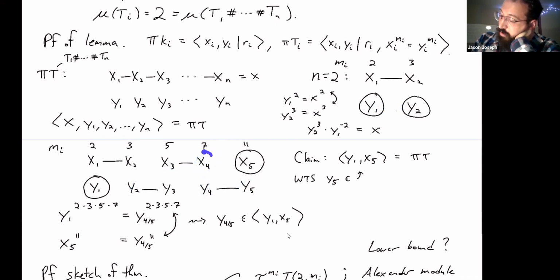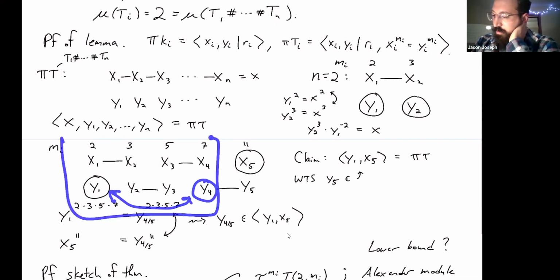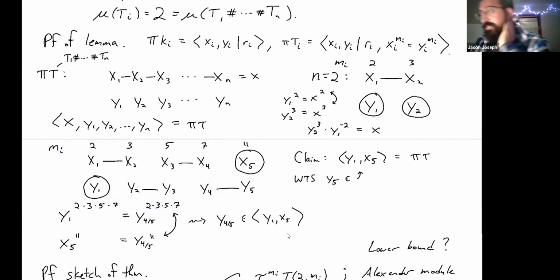But in an argument by induction, it's kind of annoying, because I didn't really reduce the case, I reduced it to the other case of having a y and a y. These would be the two generators if I just had the first 4 factors. So anyway, I think it's more fun than coming up with some complicated meridian and trying to see if it generates. But I know how to do that too, and I'll make a remark about that at the end.